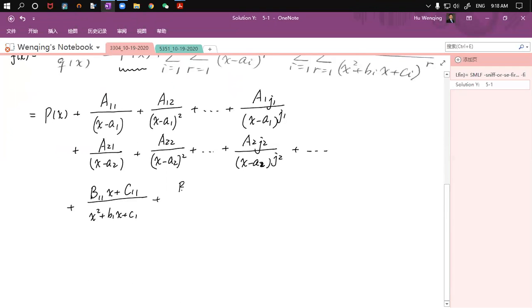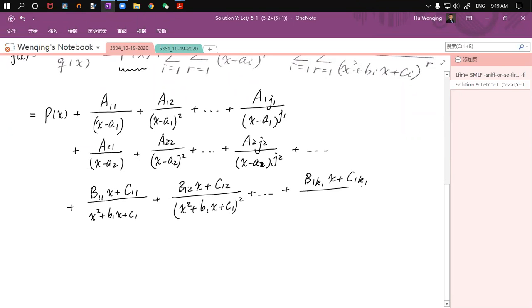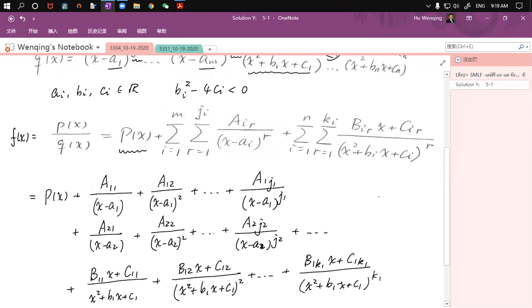So you do b12 x plus c12 divided by x squared plus b1 x plus c1 to the power of square, dot dot dot, plus b1 k1 x plus c1 k1 divided by x squared plus b1 x plus c1 to the power of k1, because you want to reach the maximum power. Is that good for everybody?